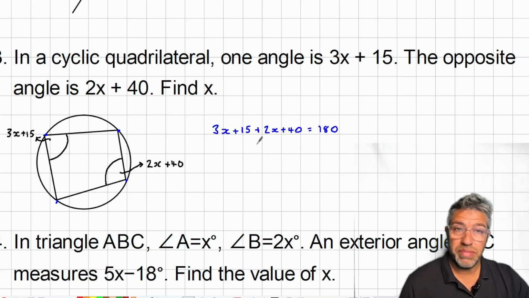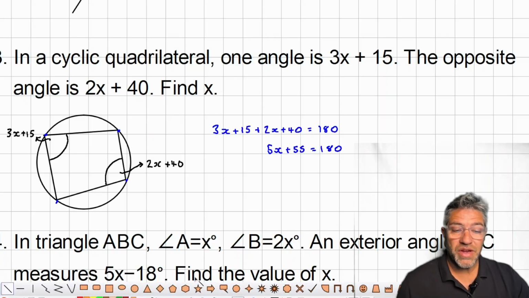And I can now simplify things by collecting like terms. So that will give me 5x plus 55 equals 180.